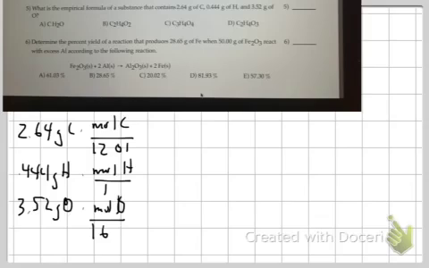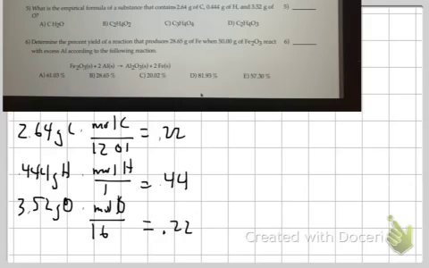So let me grab my calculator for this. I'm getting my cell phone, so let's see here. 2.64 divided by 12 equals 0.22. This is going to be 0.44, and 3.52 divided by 16 is 0.22.